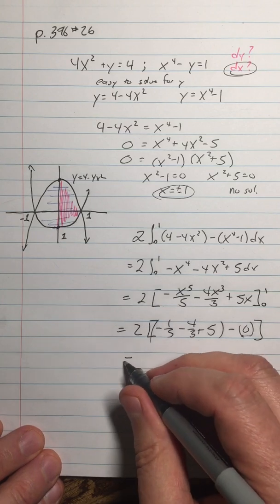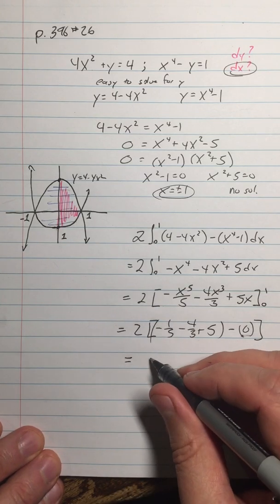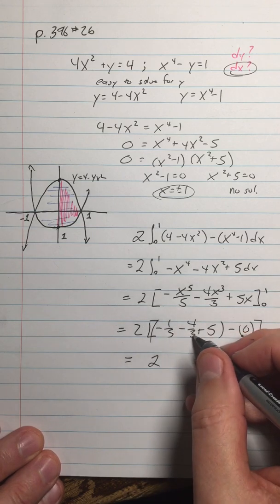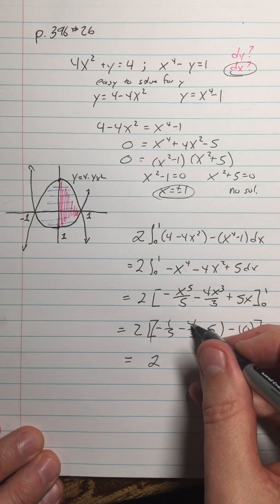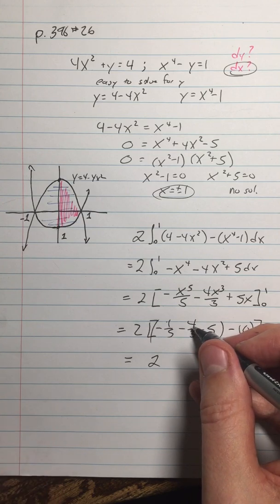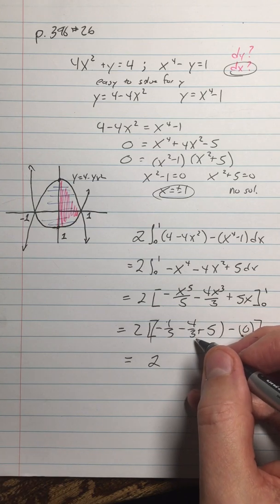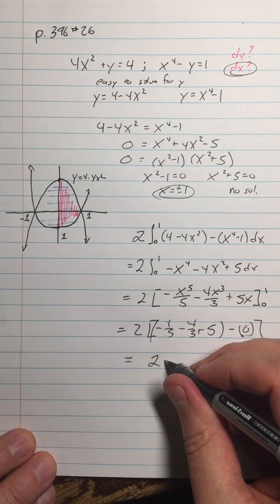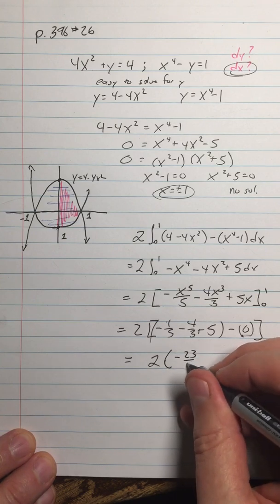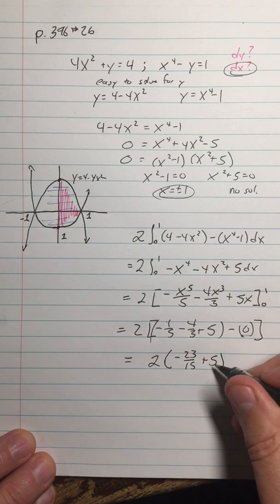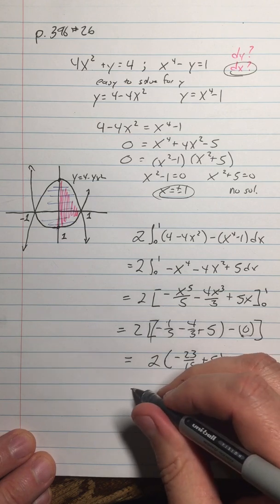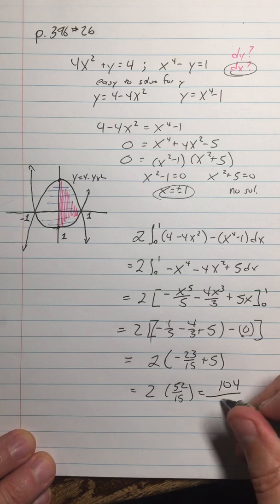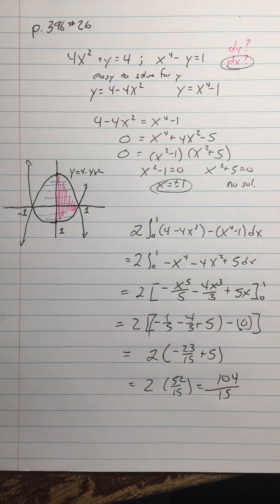Then this is going to give you 2 times, well, let's see, you can combine these two as 3/15 and 20/15. So you got negative 23/15 plus 5. The 5 is 75/15. So we're going to have 2 times 52/15. That's 104/15, and we'll just leave it like that.